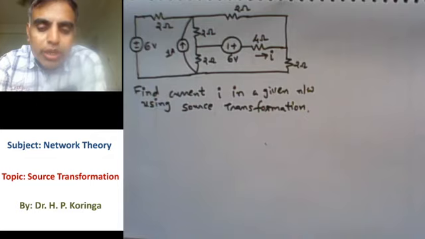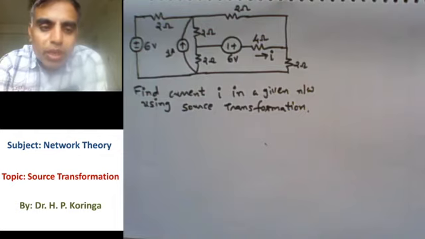So what should we look for? We have to convert a voltage source into a current source if a current source comes in parallel, or convert a current source into a voltage source whenever a voltage source comes in series.